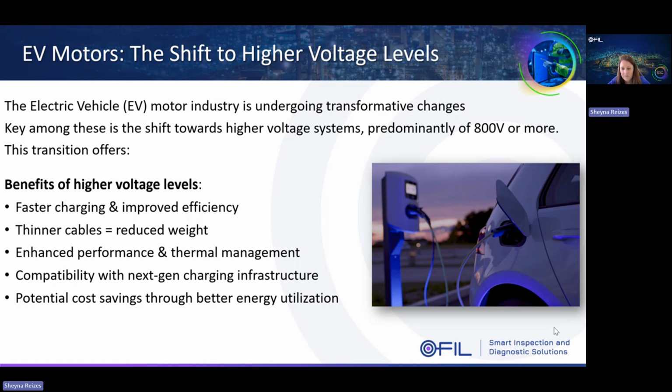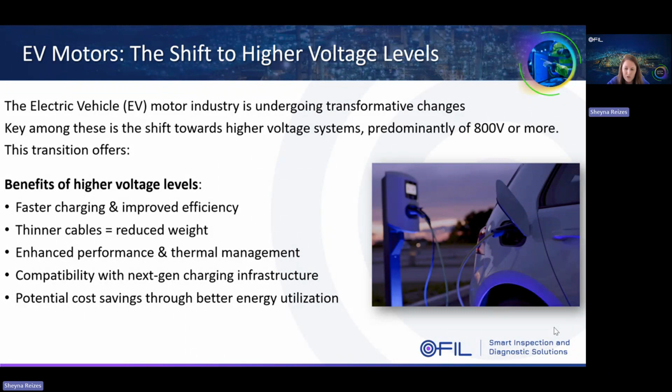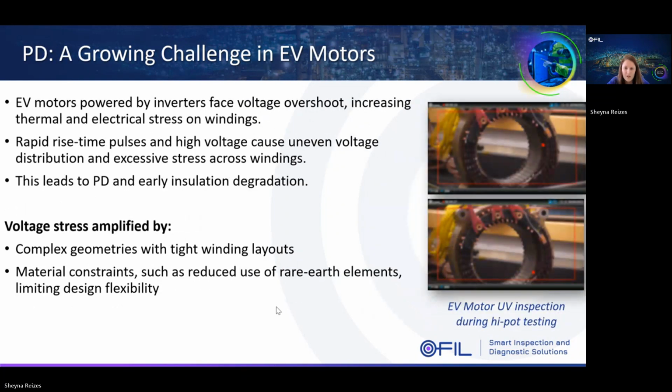And most importantly, they future-proof vehicles for upcoming ultra-fast charging stations that can lead to better operational costs. As EV motors move toward inverter-based designs, they're exposed to fast switching pulses and voltage overshoots.